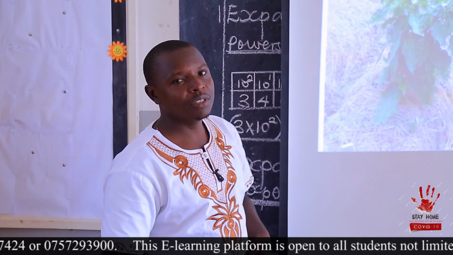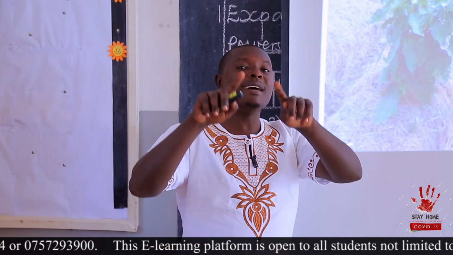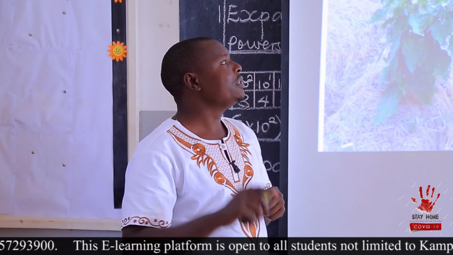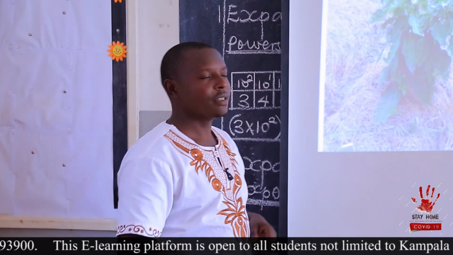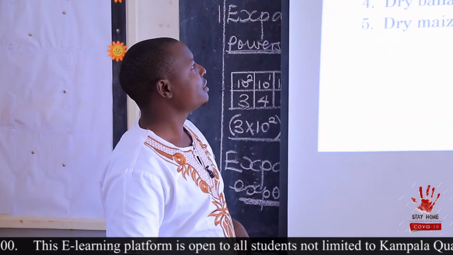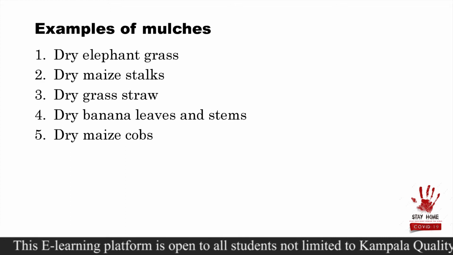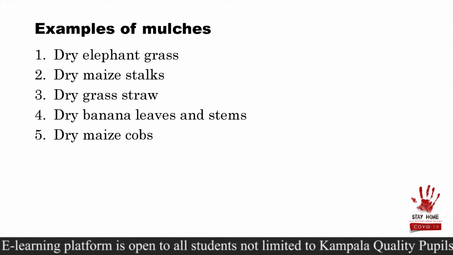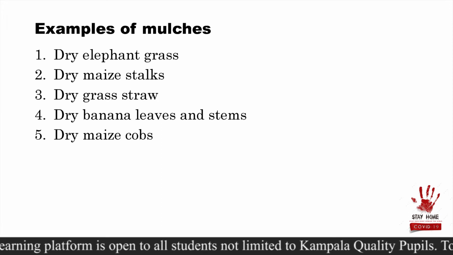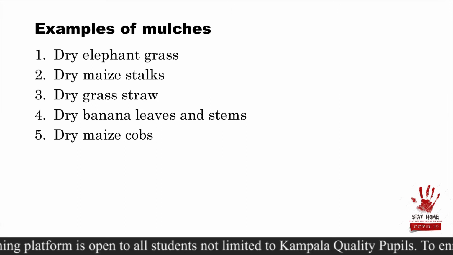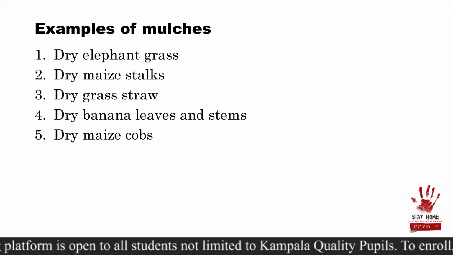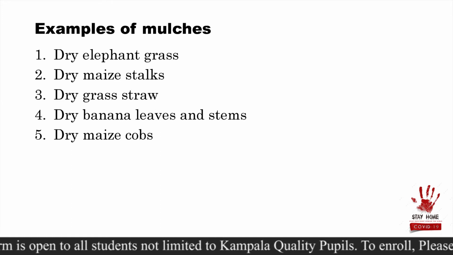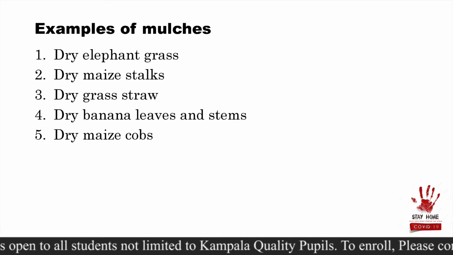But before we move further, let's look at the materials that are used for mulching. What are they? One, dry elephant grass. Dry maize stalks, the stems.